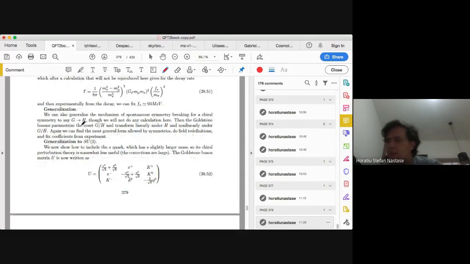So I've told you until now what this formalism of pseudo Goldstone bosons and the nonlinear sigma model action for chiral perturbation theory is. And this was all applied to QCD, to the theory of QCD at low energy.